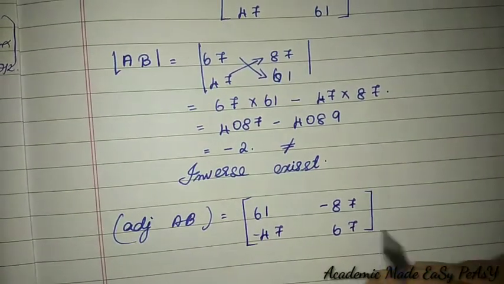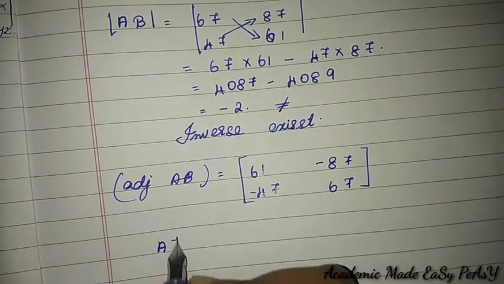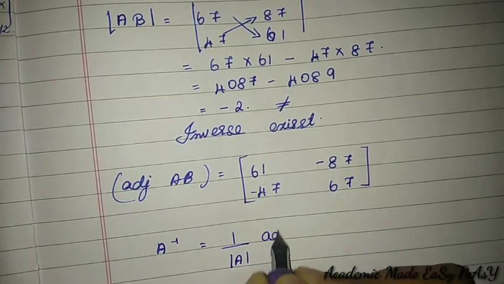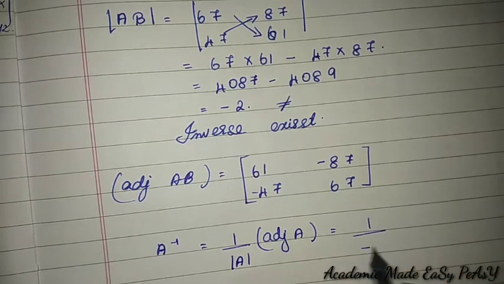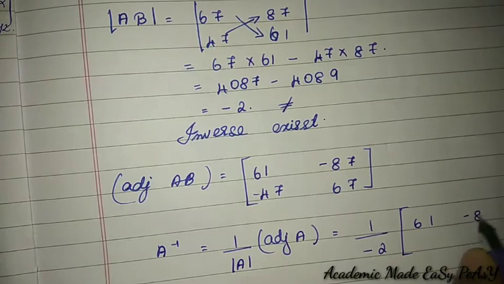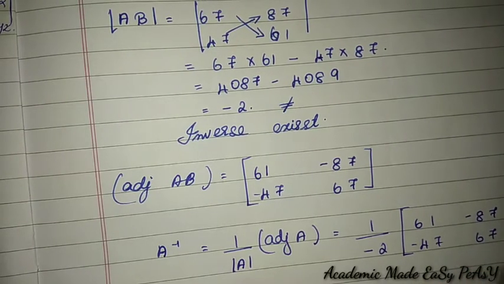So this is my adjoint. So now I will take the inverse. A inverse is equal to 1 by determinant A into adjoint of A. So what is the determinant? Minus 2. Adjoint is 61, minus 87, minus 47, 67, isn't it?